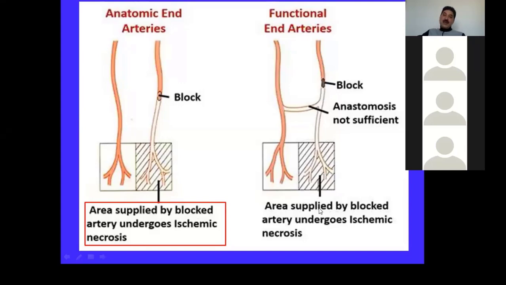So the outcome is the same in both cases. There are communications between the terminal branches of the coronary arteries, but this communication does not work when there is occlusion of a particular coronary artery.